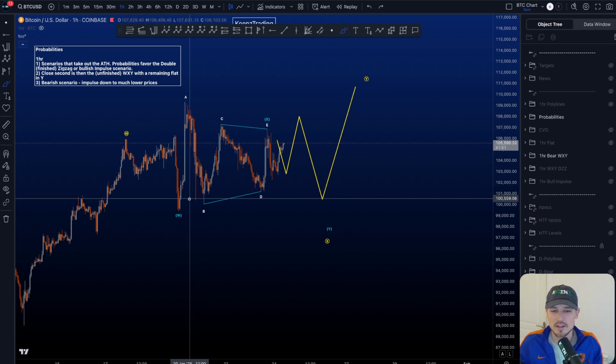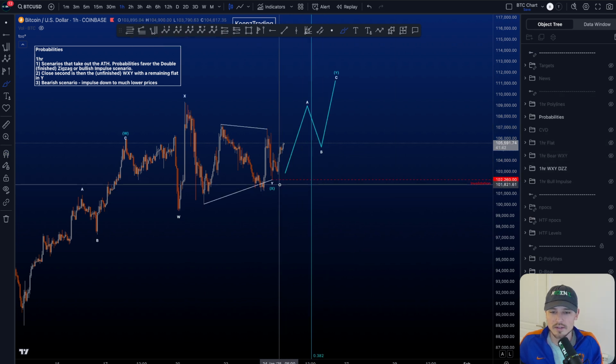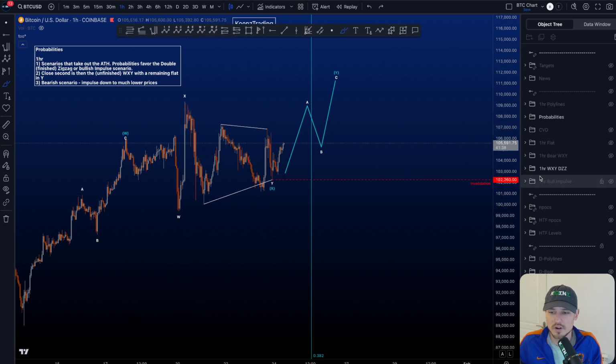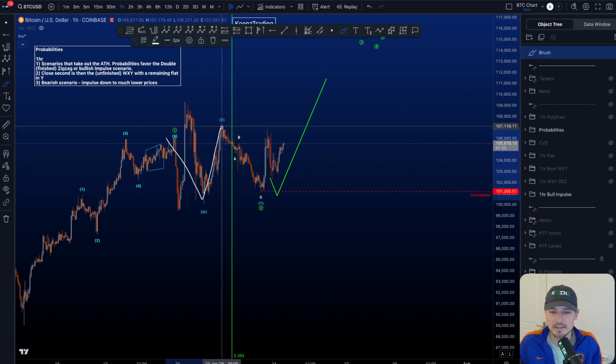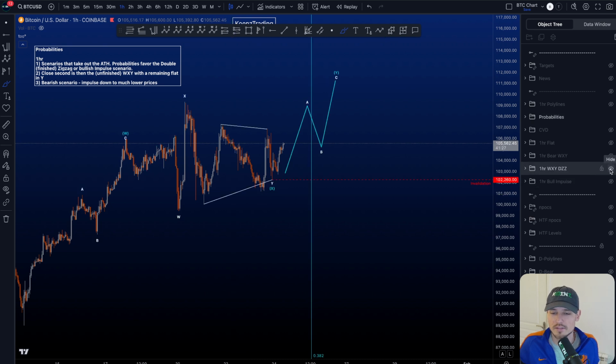And given that wave W here is counted as a flat, preferably your wave Y is not counted as a flat. That is done in this scenario here, where W is a flat, X, and Y is a triangle. And in the bullish scenario, we have W flat, X, and zigzag wave Y. So that is the reason why the probabilities for this scenario and this scenario are higher, and then depending on the move up, we know if we're looking for a wave Y or a bullish impulsive continuation.